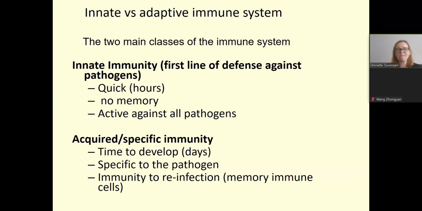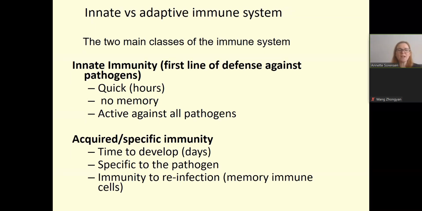This is unlike the acquired, or what we also call specific immune system, because the specific immune system has specificity to pathogens. So once it has encountered a pathogen, if you're reinfected with that pathogen, it will remember that pathogen and you will get a very quick immune response.